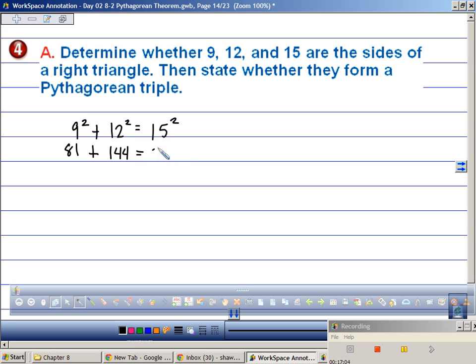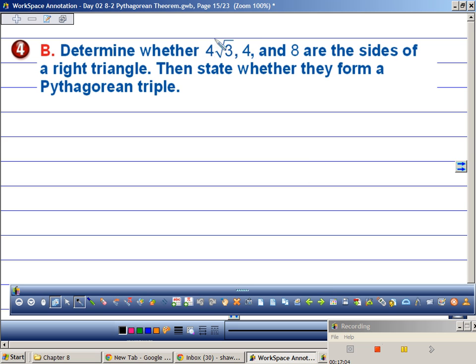I need you guys to quiet down. Does 81 plus 144 equal 225? Yes, it does. So the answer to this, guys, would be two different things. It asked if it was a right triangle. Is it a right triangle? Yes. Is it a Pythagorean triple? Yes.